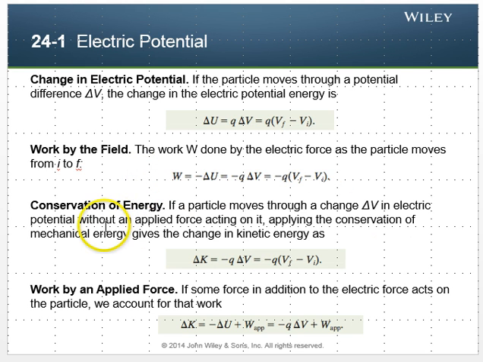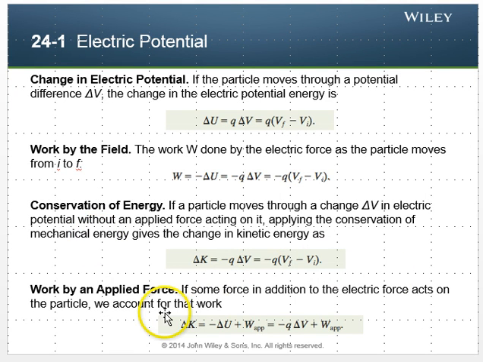And from conservation of energy, if a particle moves through a change in voltage, that gets converted into mechanical energy. So the kinetic energy is also minus Q times V final minus V initial, right? So if we do work on it, or if we just let it go, the work done on it by the potential becomes kinetic energy.